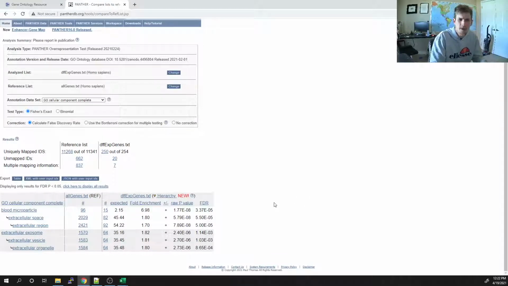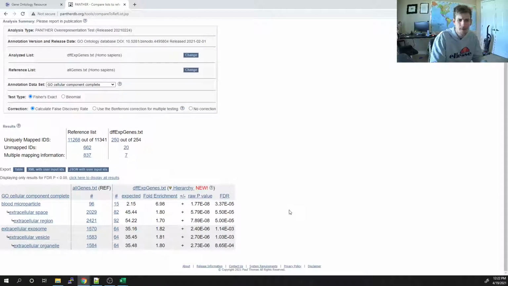And so two terms seem to be more common: blood microparticle and extracellular exosome. So extracellular, right? So we see some extracellular stuff, proteins that are going to be expressed outside of a cell, or going to have a function outside the cell. And the kind of cells or kind of proteins that do this are going to be involved in coagulation.